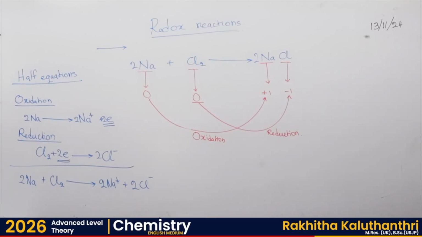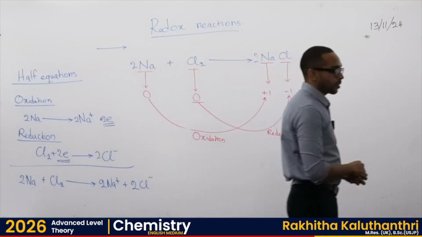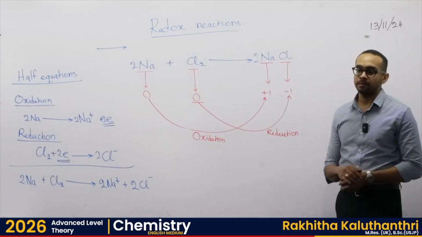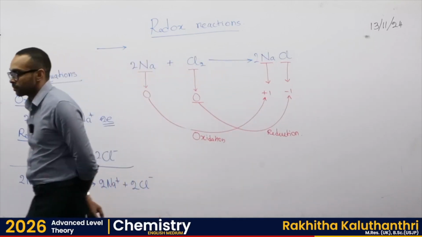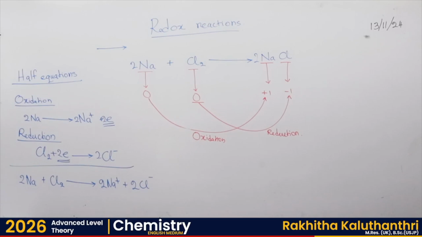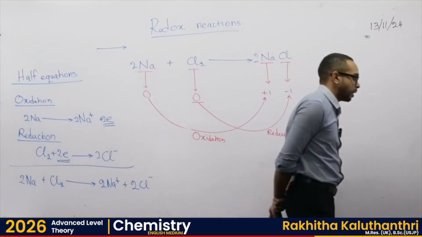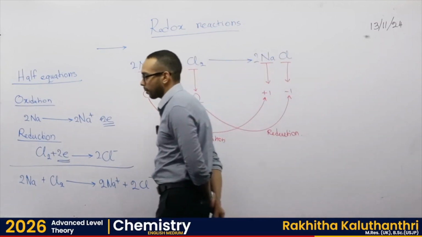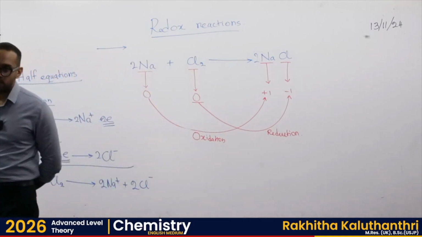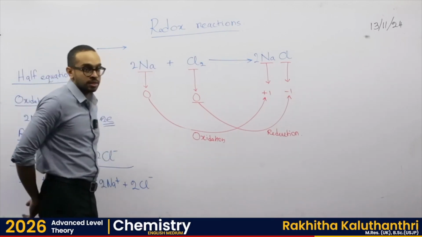When a chemical reaction shows both an oxidation as well as a reduction, they are categorized as redox reactions.